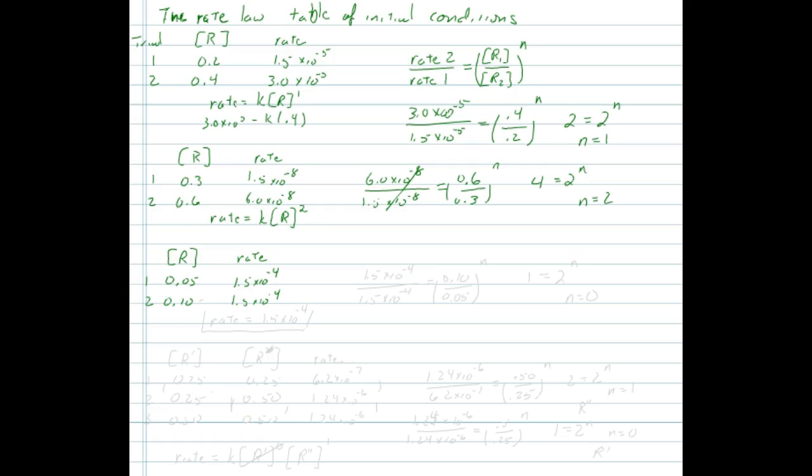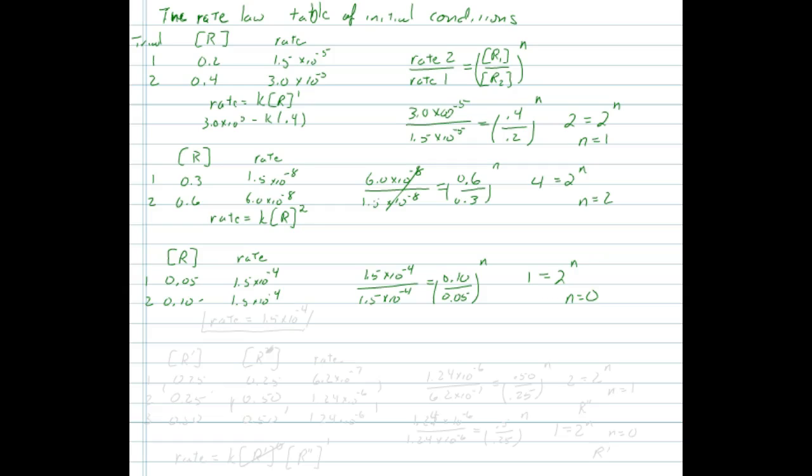The bigger number on top, so it's 1.5 times 10 to the negative 4 over 1.5 times 10 to the negative 4 equals 0.10 over 0.05 to the n. This is 1 equals 2 to the n. So n has to be 0. So this is a zero order expression.